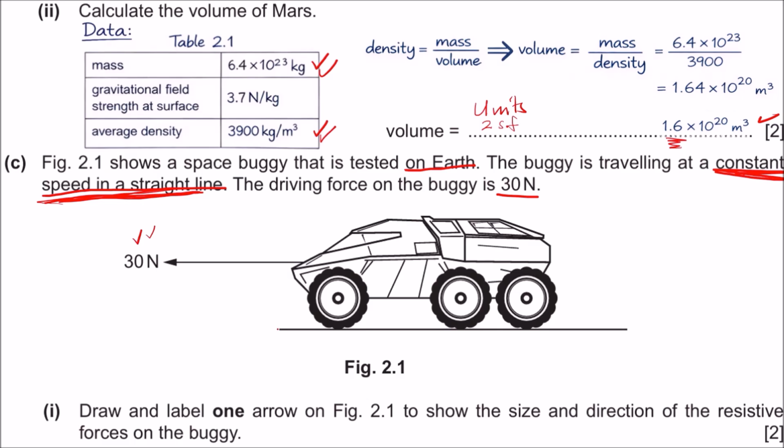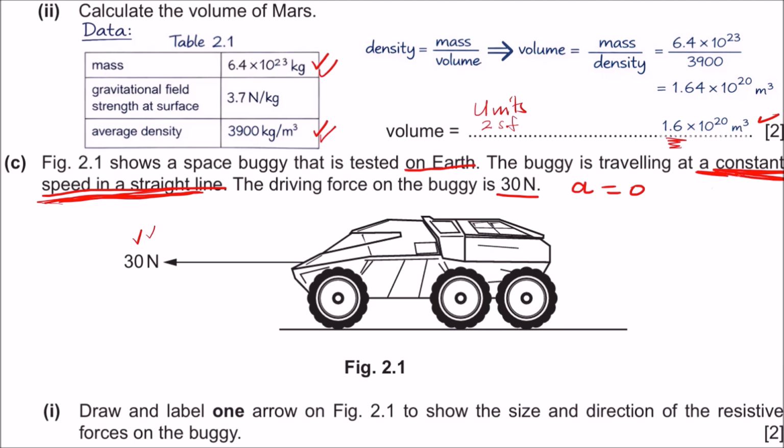on the buggy. Now, since they said it's traveling at a constant speed in a straight line, velocity is constant. If velocity is constant, acceleration is zero, because acceleration is the rate of change of velocity.